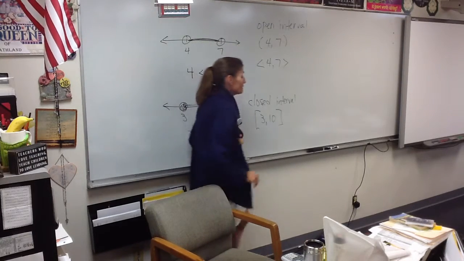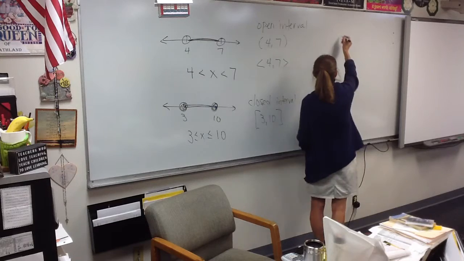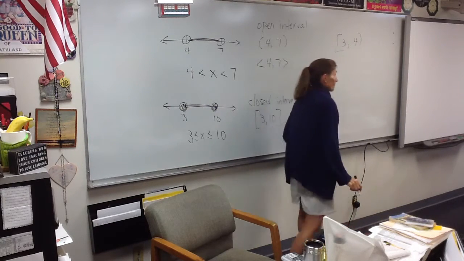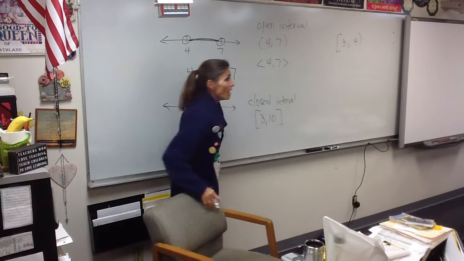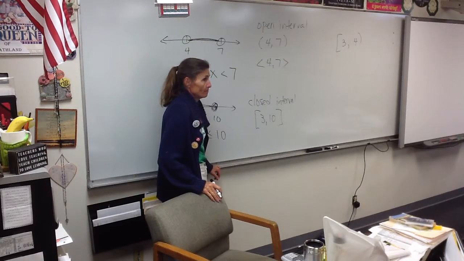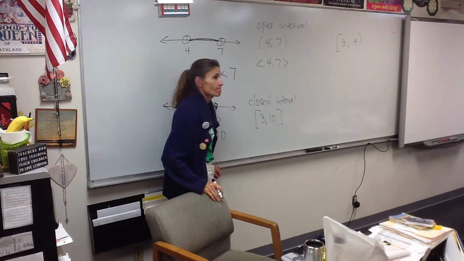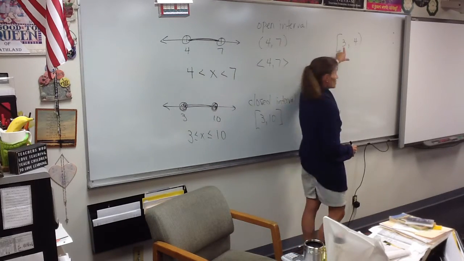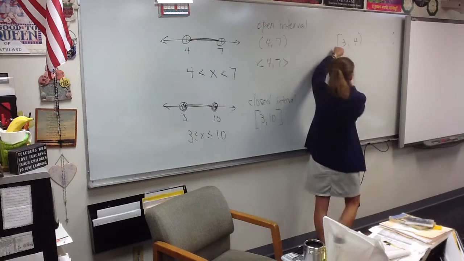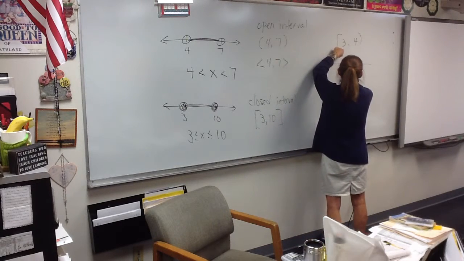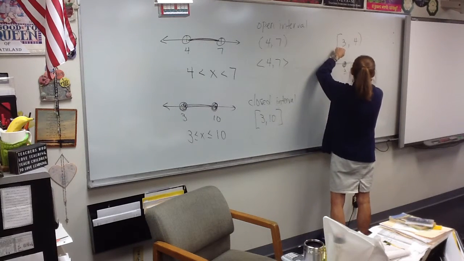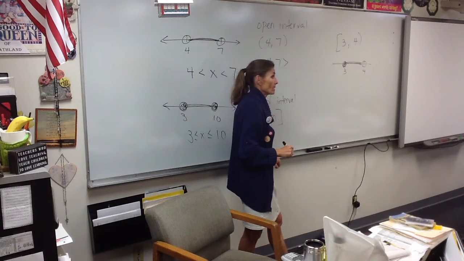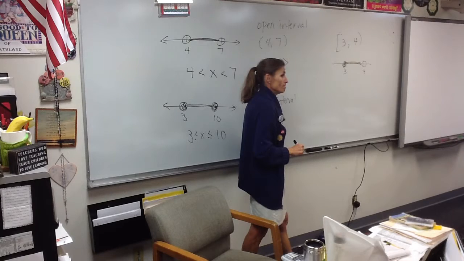So let's say you leave this class and you're walking down the hall and you find this. What does that mean, do you think? It means one's closed and one's open. And not just one is closed and one is open, but particularly the 3 is closed and the 4 is open. Okay.